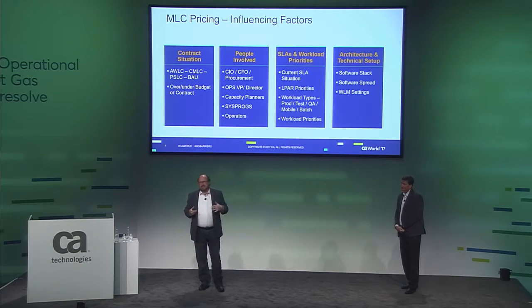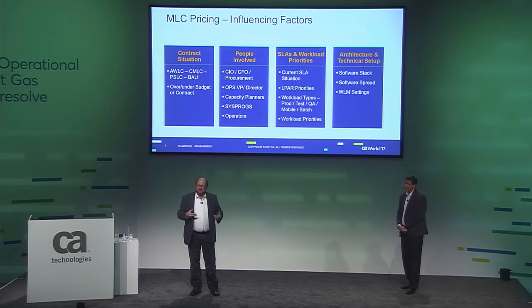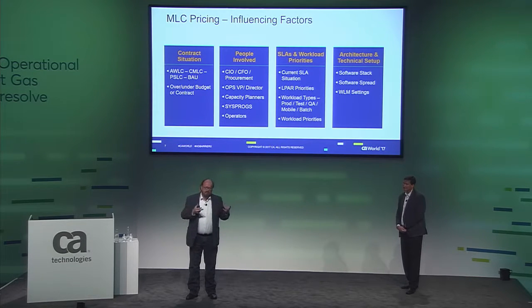When we look at the service level agreements and the workload priorities, it is very important to understand that that's a huge influencing factor. Because, obviously, what are your service level agreements? How do you keep them?